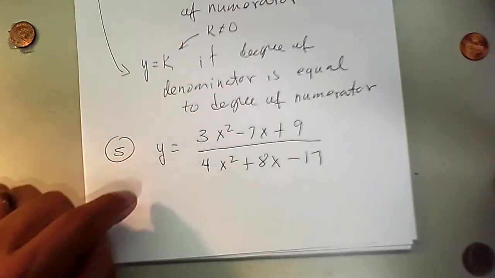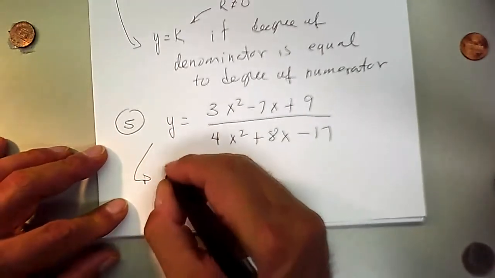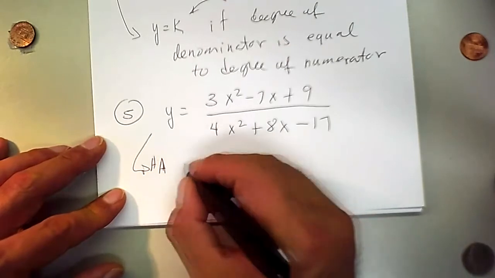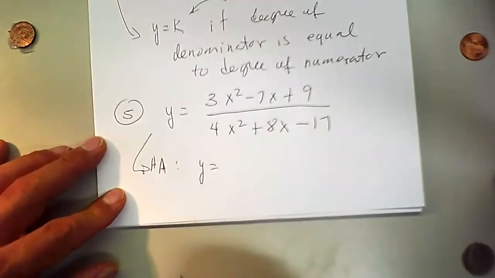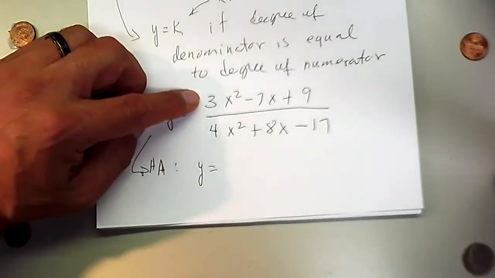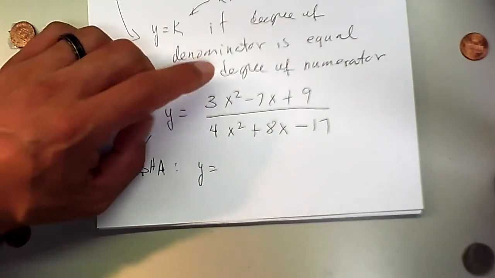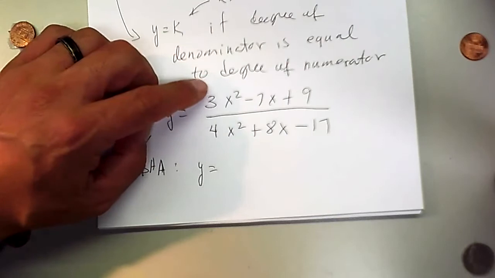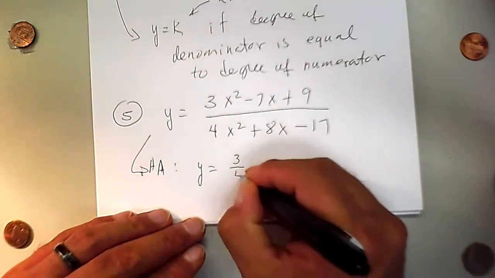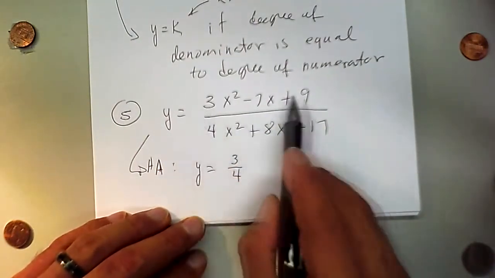So this function has a horizontal asymptote, HA for short, and it will be y equals, and what we have to do is simply divide the leading coefficients, which means the coefficients of the highest degree in the polynomial, which are 3 and 4. All you have to do is put down 3 over 4, and that's it. That is the horizontal asymptote of this function.